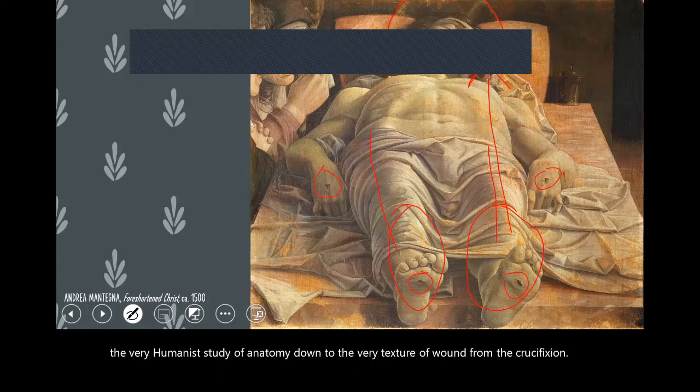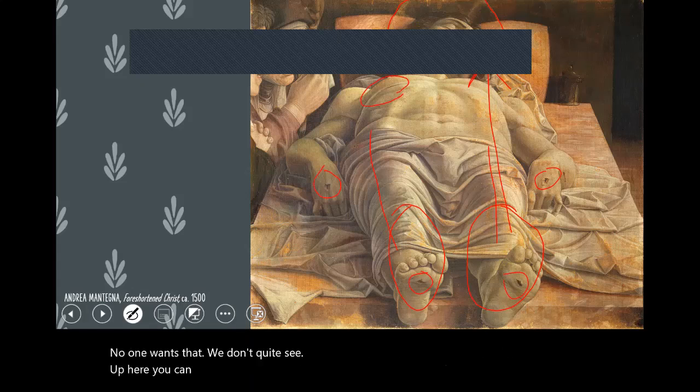Now, one wound that we don't quite see up here, you can just barely see it, is the final wound, the spear wound that actually kills Jesus, as the story goes, I should say, as tradition goes.